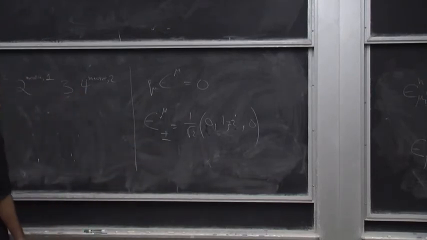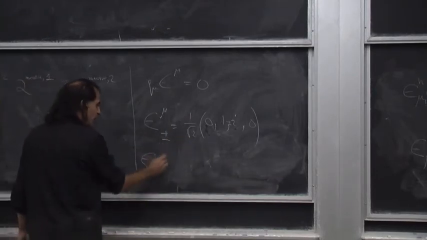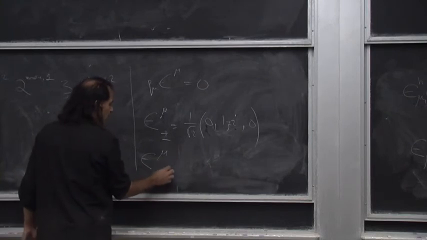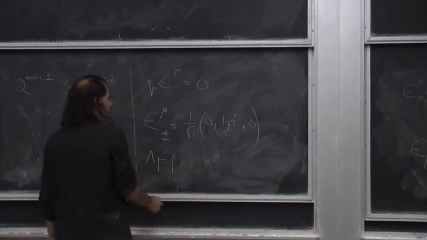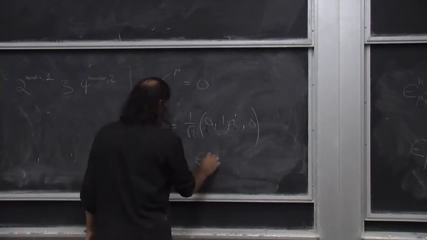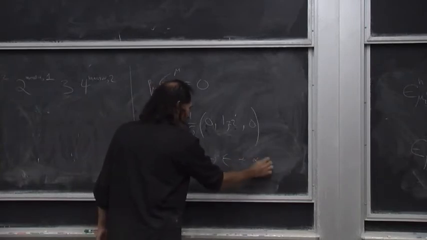The only thing we can do is declare, of course, it'll come back to itself up to, so if lambda p equals p, then epsilon will come back to itself plus something proportional to p.